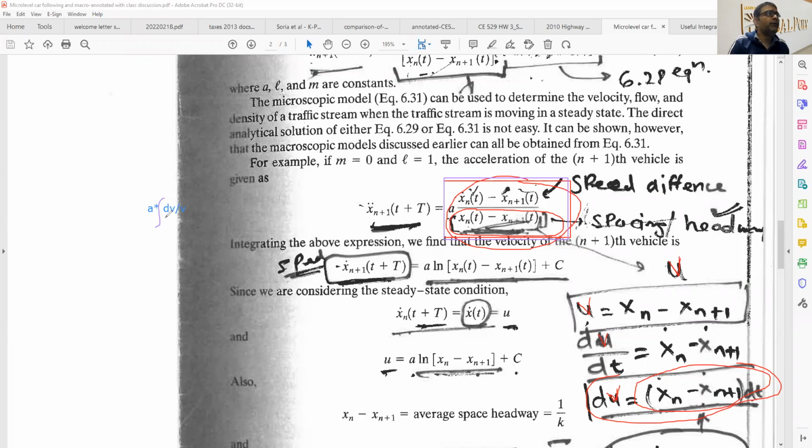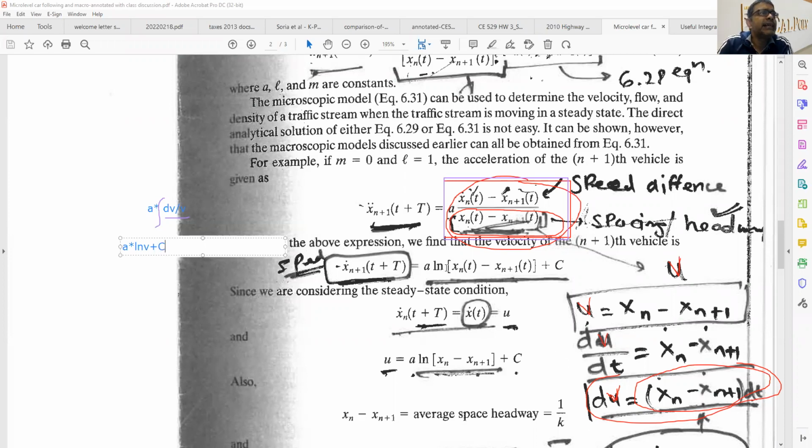Now, dv over v, it's v to the power of -1, so that's where I get ln v. If I integrate it, I'm going to get a times ln v plus a constant.